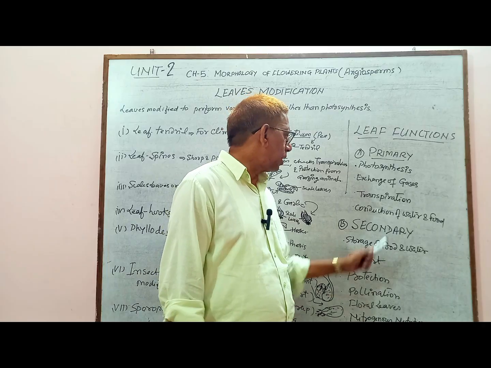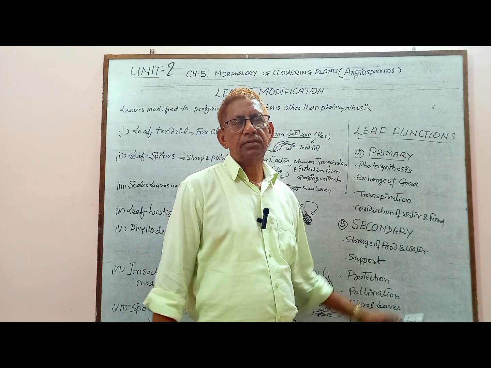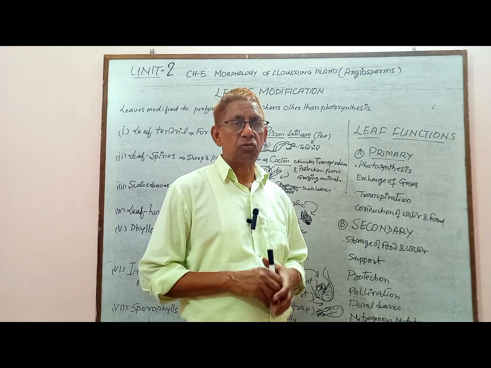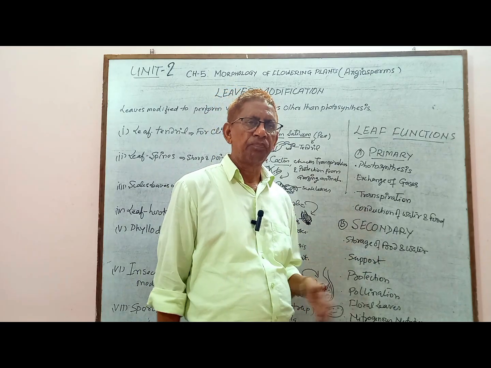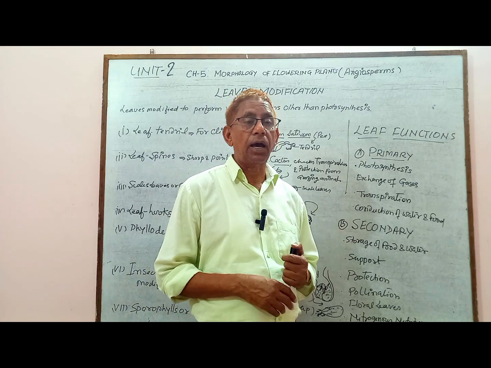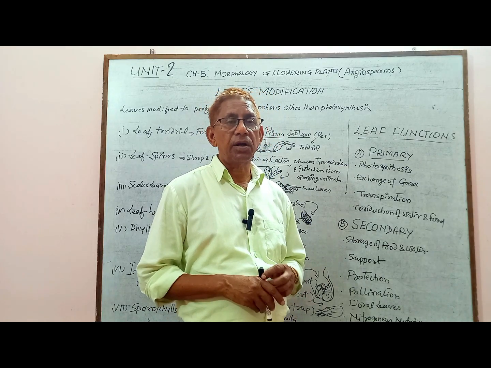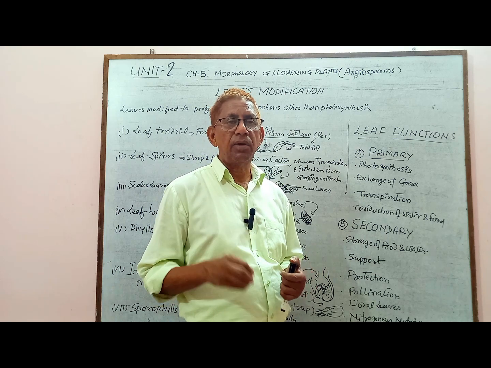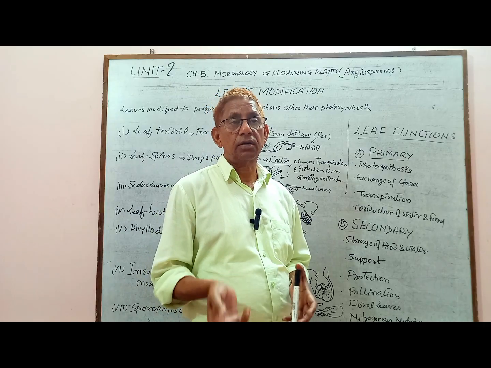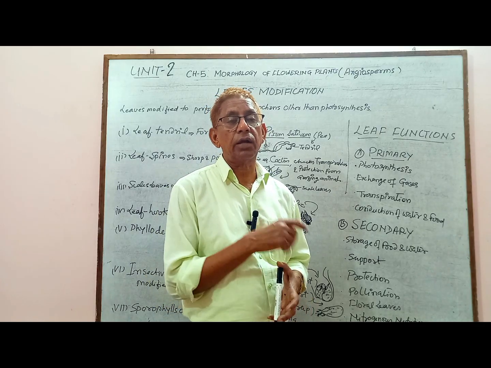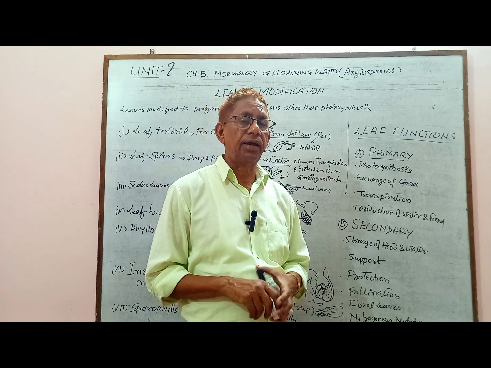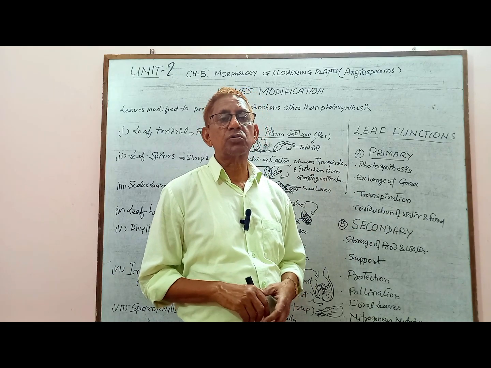Then it is the conduction of water and food, which is a very important point. Conduction means the vascular bundles playing their role in the leaves. If the leaves need water and minerals, the water and minerals absorbed through the root are translocated into the stem, then reach the branches, and finally the leaves, where photosynthesis takes place.